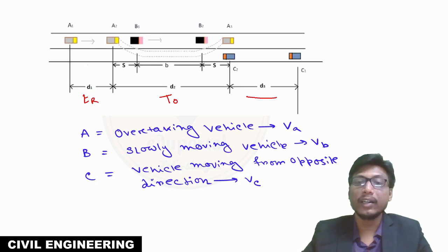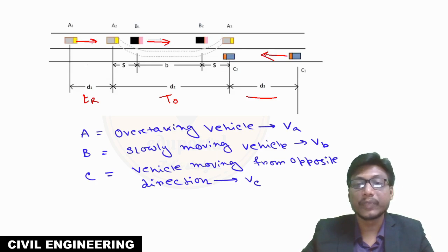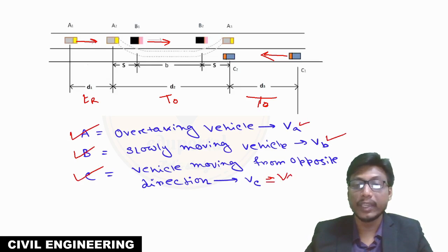And D3 is the distance traveled by the vehicle C, coming from the opposite direction, also during time T. So vehicle A we assume has velocity VA, vehicle B is assumed VB, and vehicle C is assumed VC, which is equal to VA.